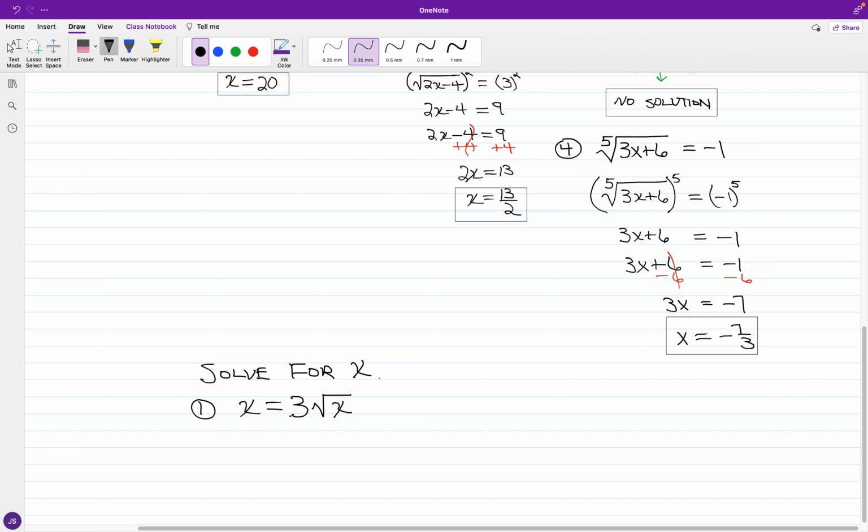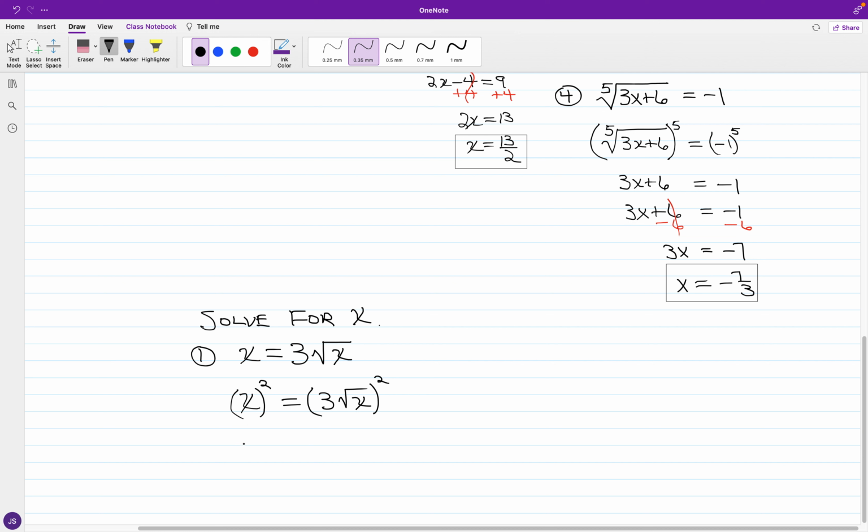But if you don't care to work with fractions and just want to keep the coefficients, everything in direct fashion, you can go ahead and take care of the square root of x by squaring both sides of this equation. Upon doing so, we have x to the second is equal to 3 times the square root of x, also raised to the second.